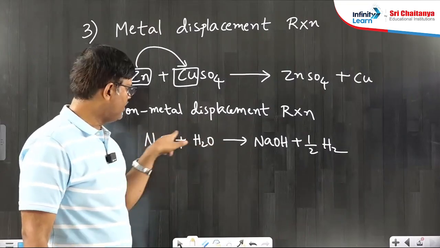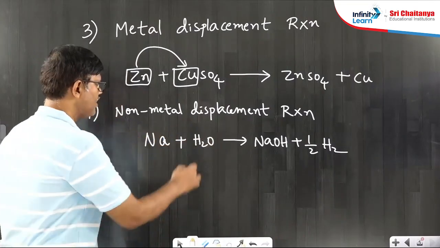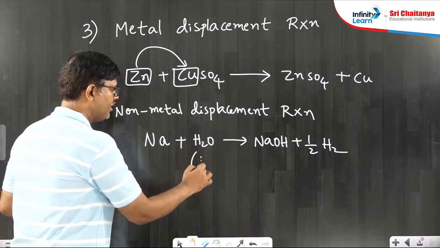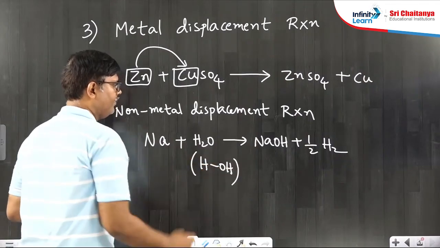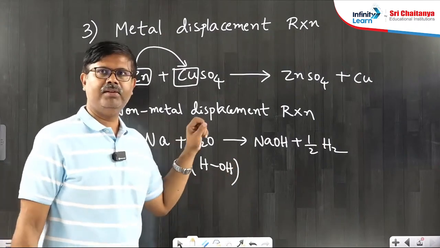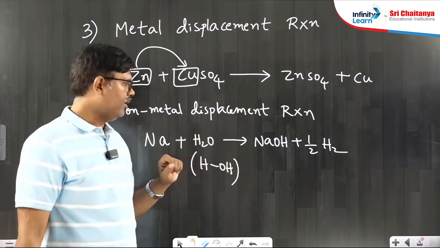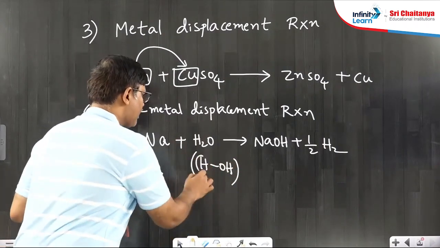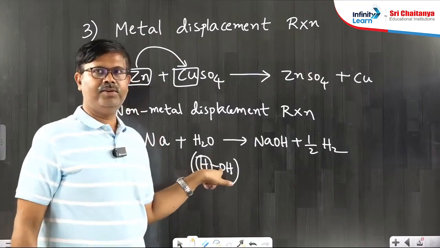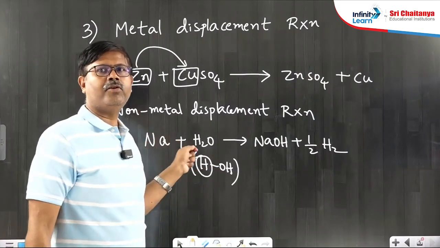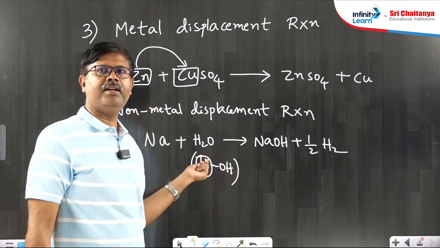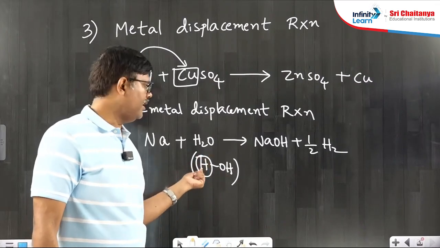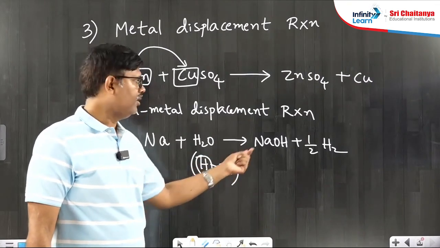But if you look at what this is doing. See, H2O, can I write it as H and OH? HOH, which is H2O. Now, in this position of hydrogen, if sodium comes and occupies its place, then the formula becomes NaOH.